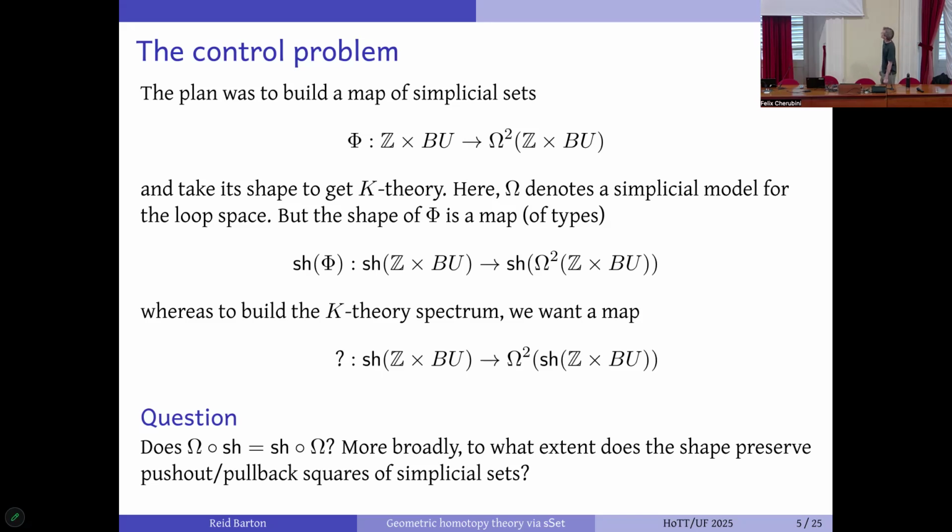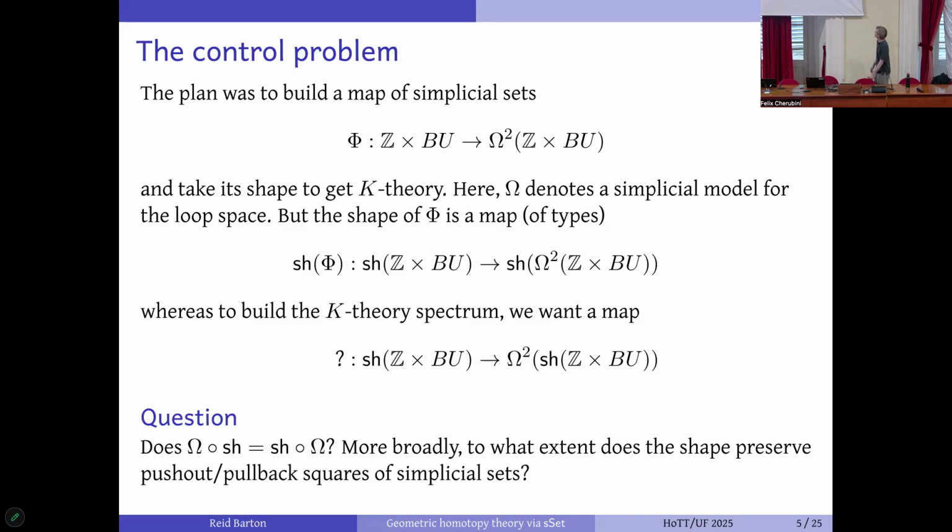But what I wanted to build a spectrum was something slightly different, which is a map from the shape of the thing on the left to not the shape of some simplicial double loop space, but rather the actual synthetic double loop space of the shape of the thing. And so it's not really enough to just have a construction that turns a simplicial set into a shape. You also need to be able to control it and to understand, for example, if I take the shape of the simplicial loop space of something, is it going to be the same as loops on the shape of the thing that I started with?